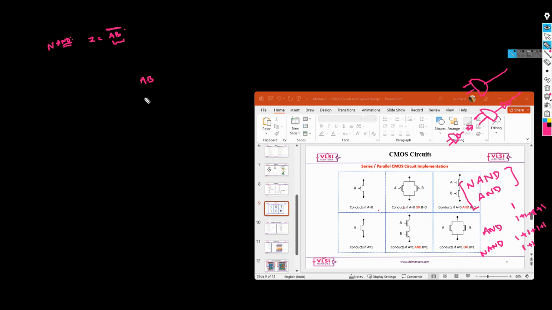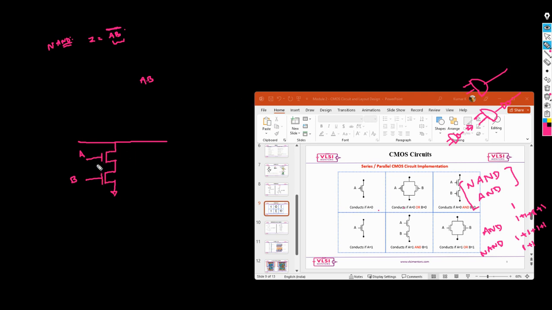Okay, so a series. Now remember you need to just draw it like this. This is going to be your full middle line. Now you are going to draw this way. This is going to be your A and this is going to be your B. Now, what did I tell you guys?